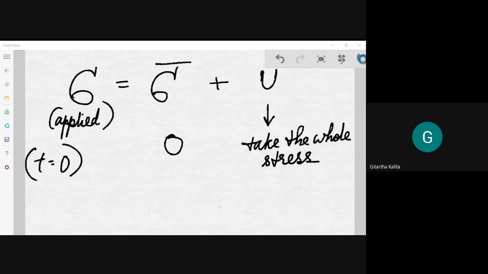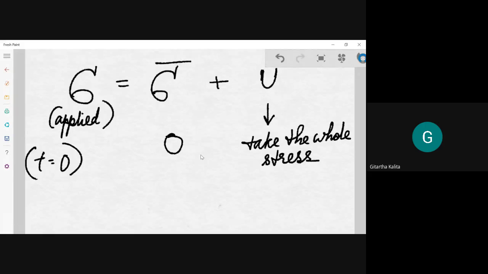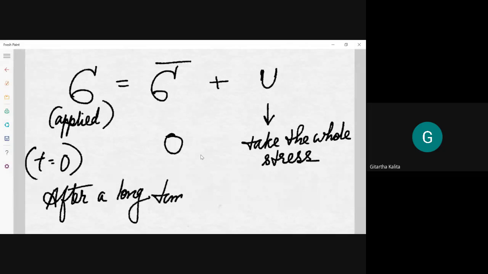Can anyone tell me? Zero, yes, correct. There is no water, so there is no u. So after a long time, u becomes zero.